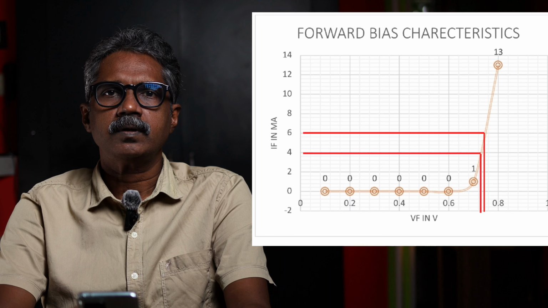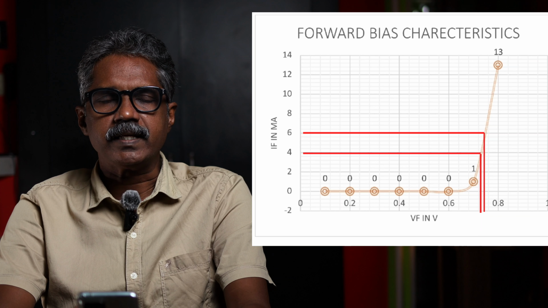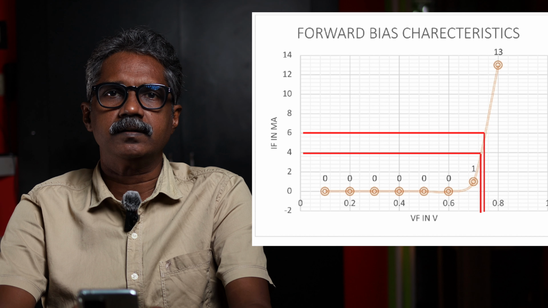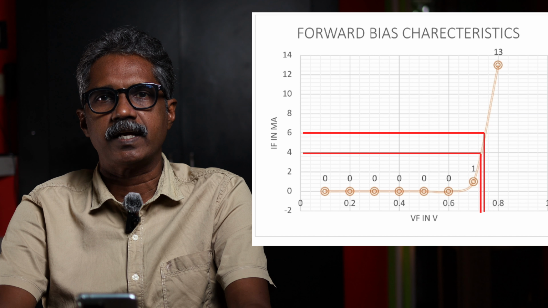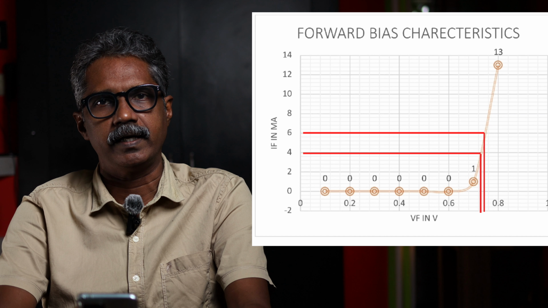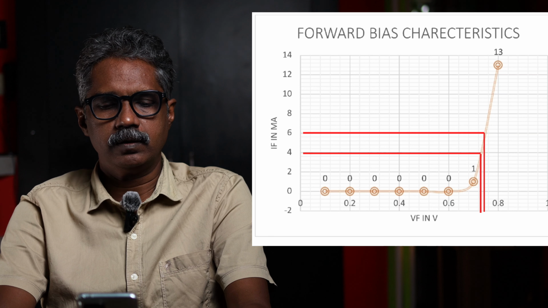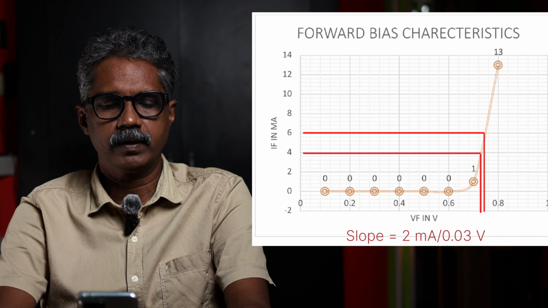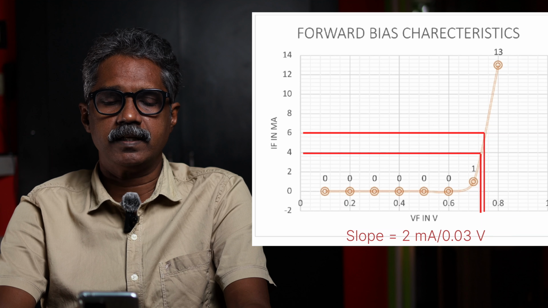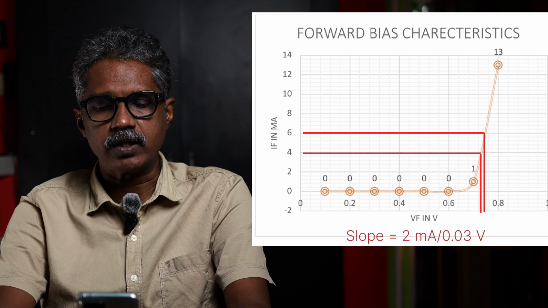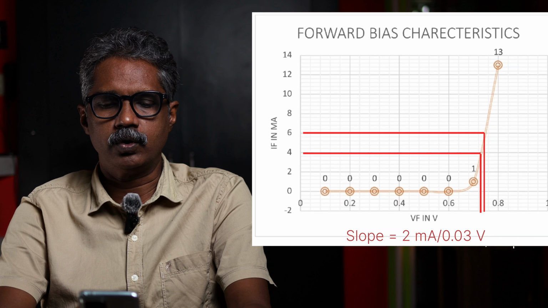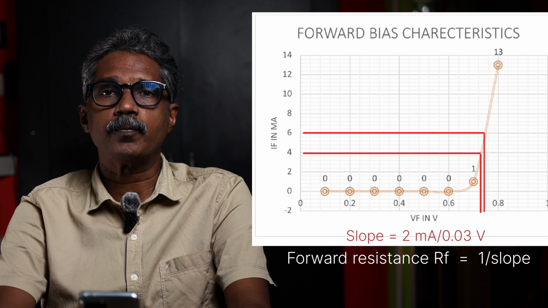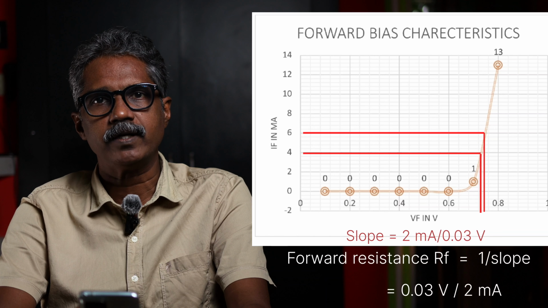Now, measure the distance between the lines in x-axis and y-axis. So, we will get dy and dx. The slope is equal to 2 milliampere by 0.03 volts. Forward resistance is calculated by using the formula 1 by slope. So, that is equal to 0.03 volt divided by 2 milliampere.